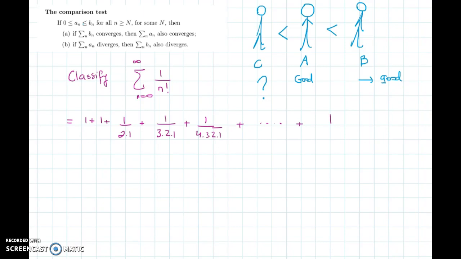The n term is n times n minus 1, and so on, times 1. And we keep summing like this.